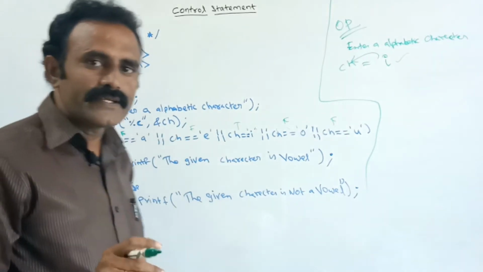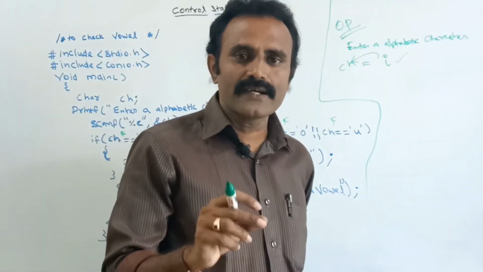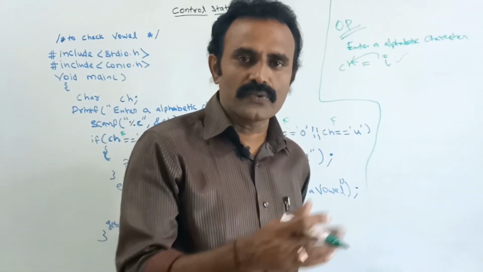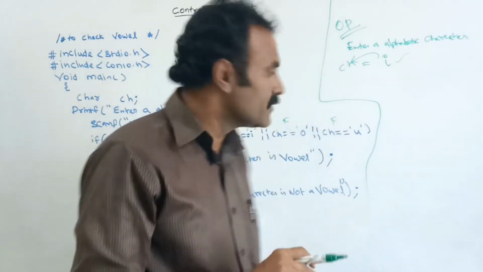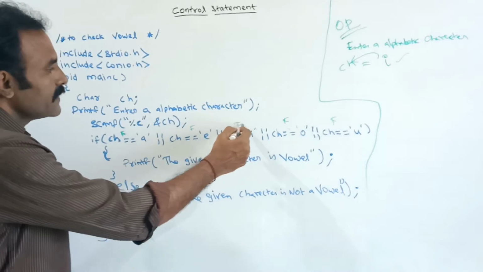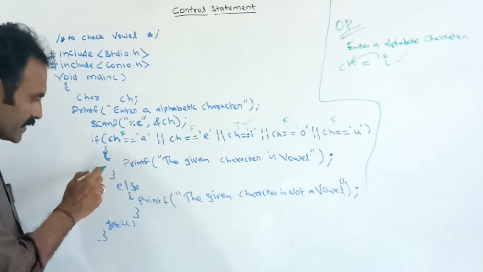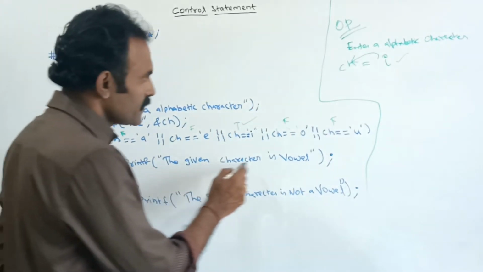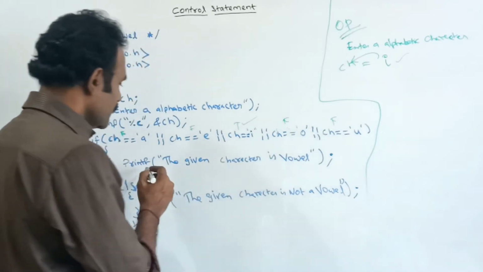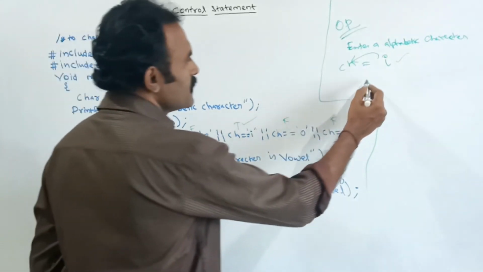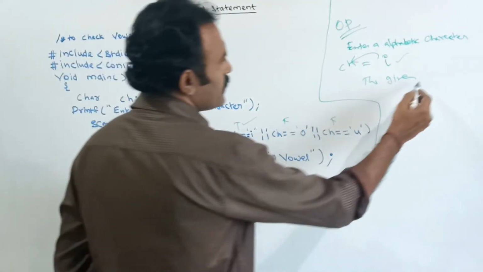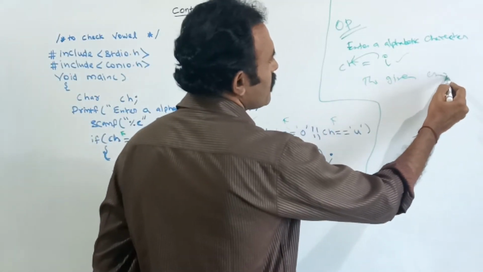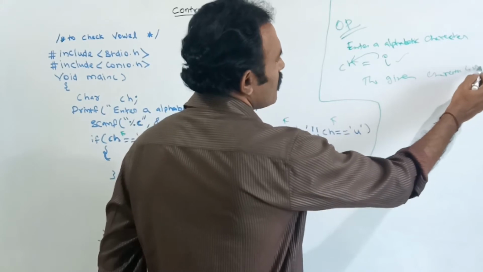So in the OR operator, if any one of the conditions is true, then the statement inside that if condition will be executed. So here this condition is true, so the statement inside will execute, that is, it will print on the display screen the given character is vowel.